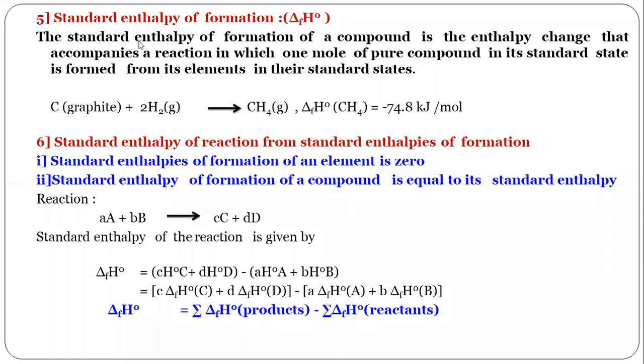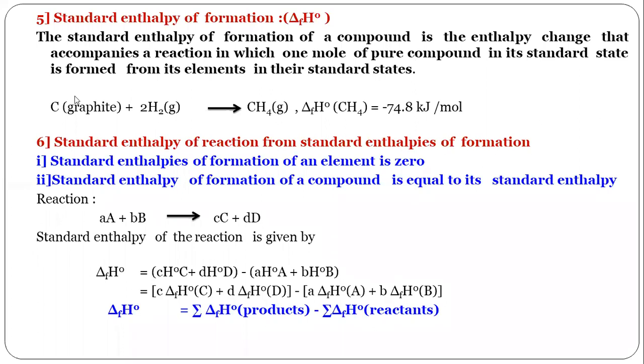This standard enthalpy of formation we already discussed in the last lecture. Again, we will take a quick revision. Standard enthalpy of formation is denoted with delta f H naught. It is defined as the enthalpy change that accompanies a reaction in which 1 mole of pure compound in its standard state is formed from its elements.